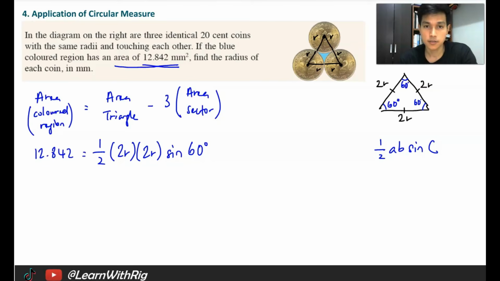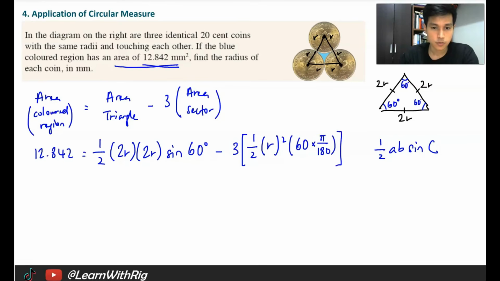If it's the normal formula for this chapter, then you use radians. So this is the formula, minus 3 times the area of the sector, so 1/2 times r squared times the angle. Each of these is r, right? The angle is 60 degrees, so please change it to radians, pi over 180.